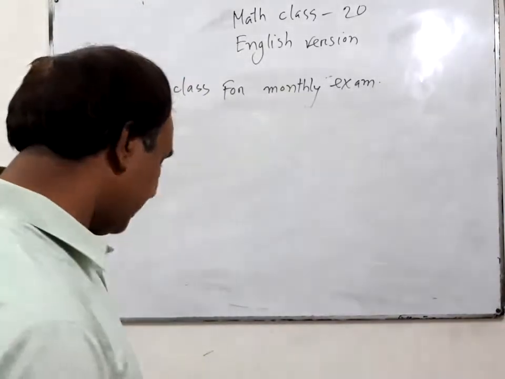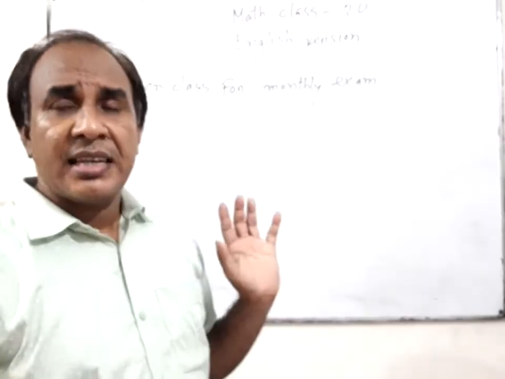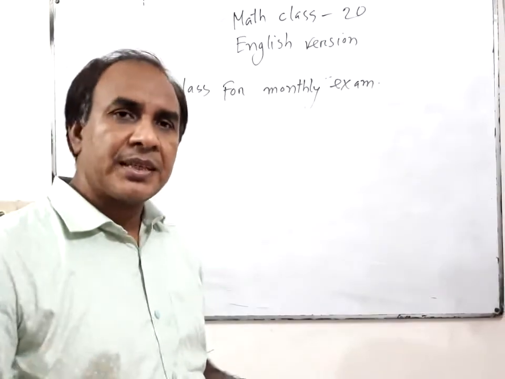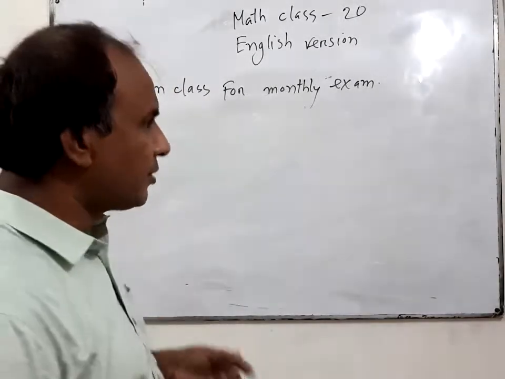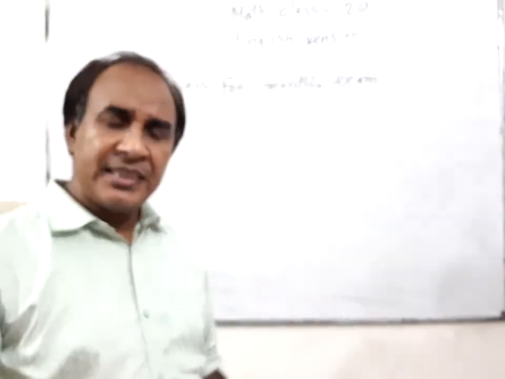In the previous class, I discussed how many types of triangle there are in respect of sides. Today I am going to discuss the 3 types of triangle in respect of angle.